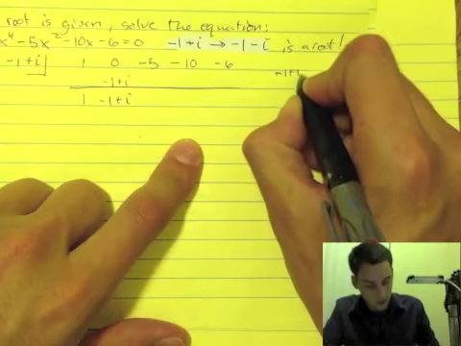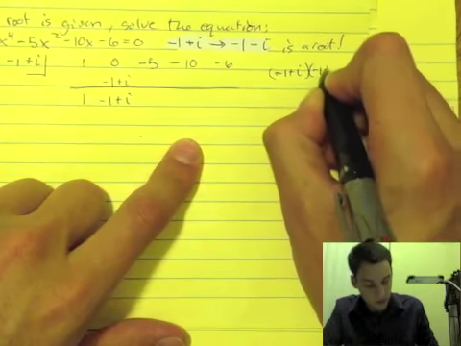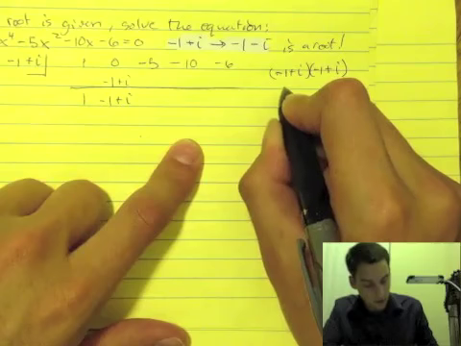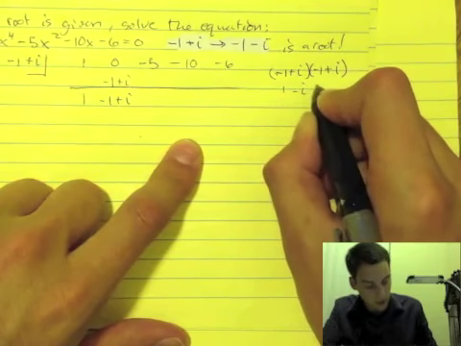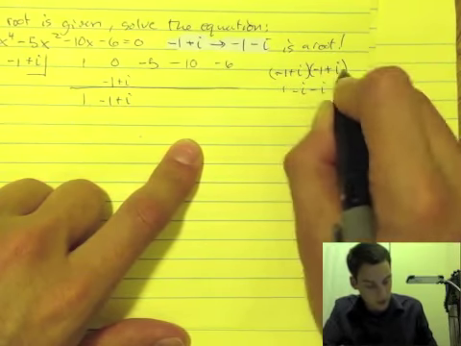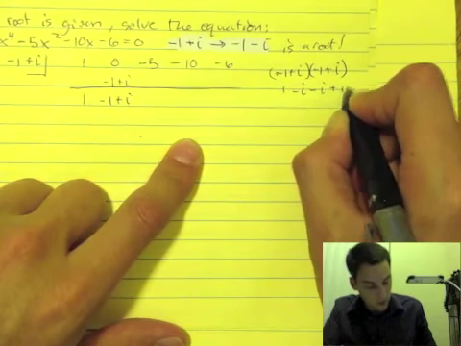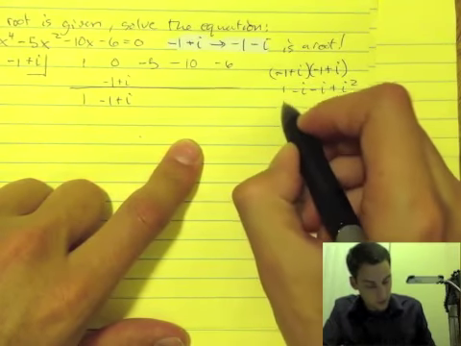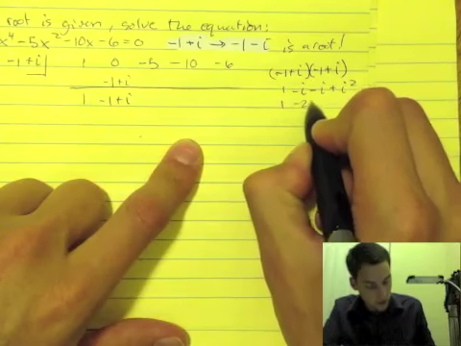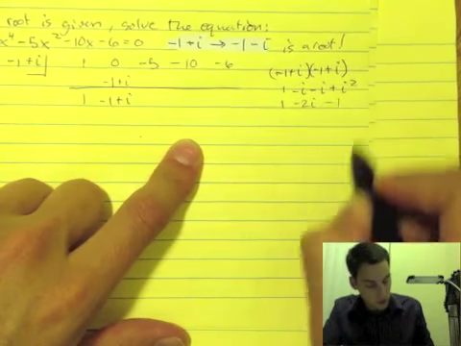Negative 1 plus i times negative 1 plus i. That will be 1 minus i plus i squared, which will turn to minus 2i minus 1.